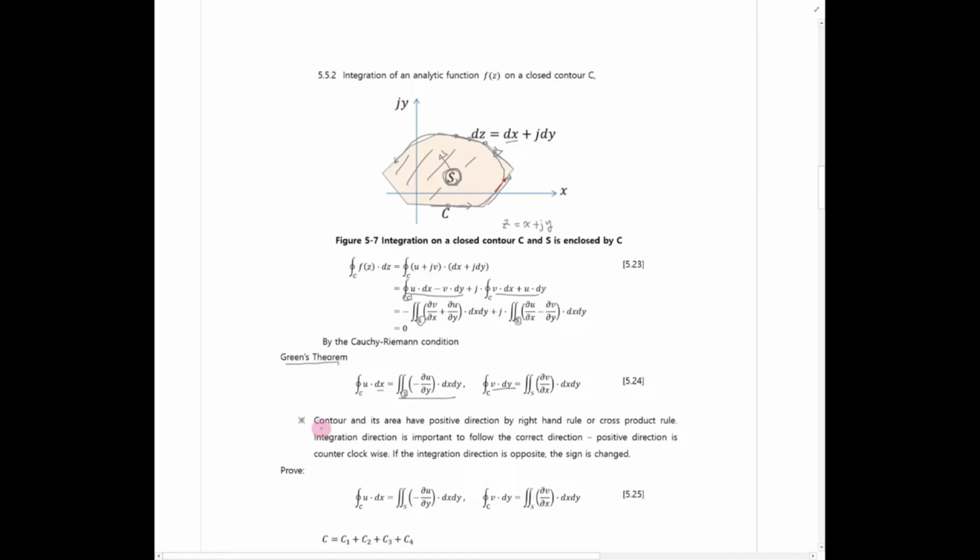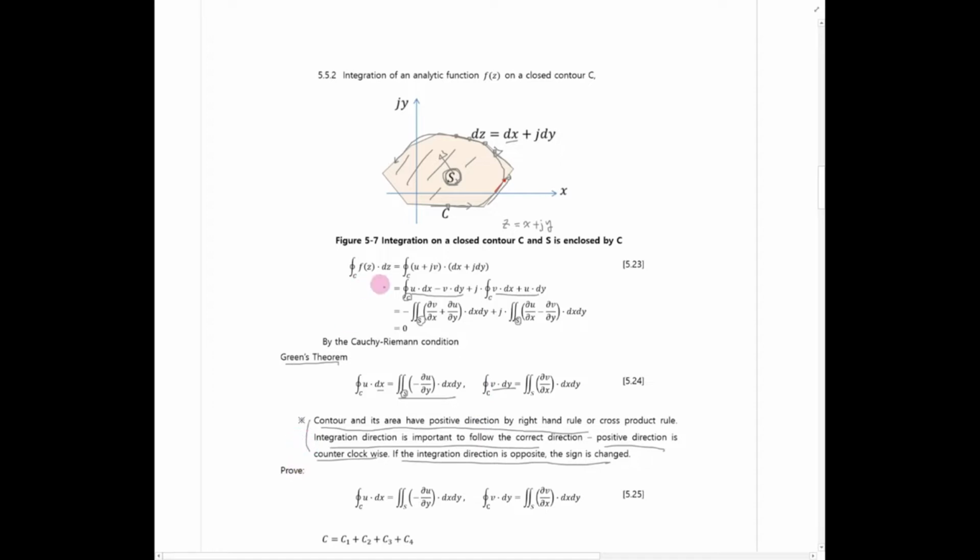So the contour and its corresponding area are in the positive direction by the right-handed rule, the cross product rule. Integration direction is important to follow the correct path. The positive direction is always counterclockwise. If the integration direction is opposite, the sign is changed. So keep this part in mind.